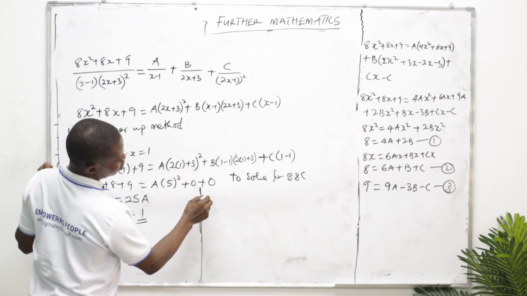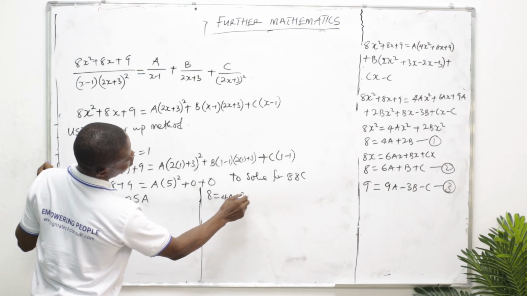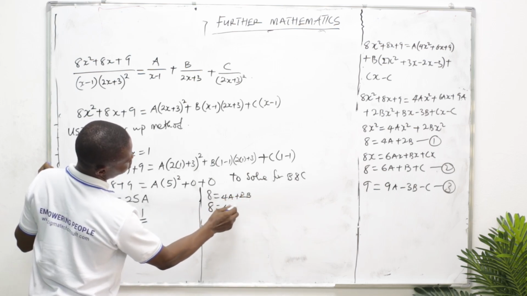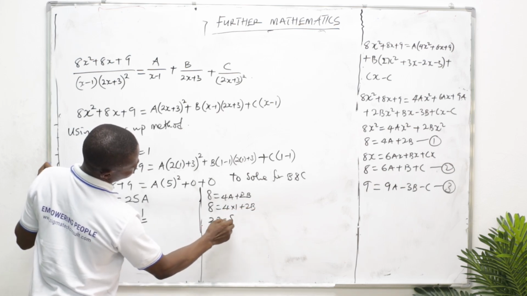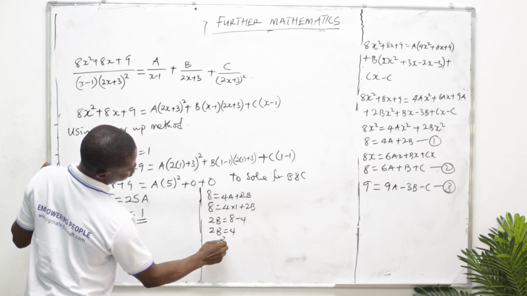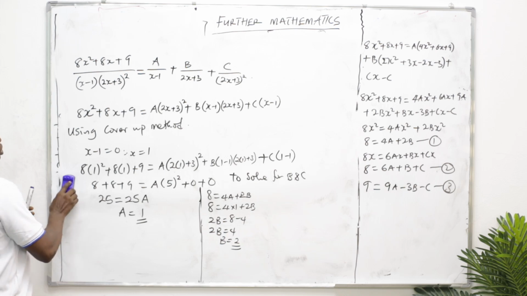We have from that equation 8 equals 4a plus 2b. Recall a equals 1. So 2b equals 8 minus 4. 2b equals 4. b equals 2. So we need to solve for c.